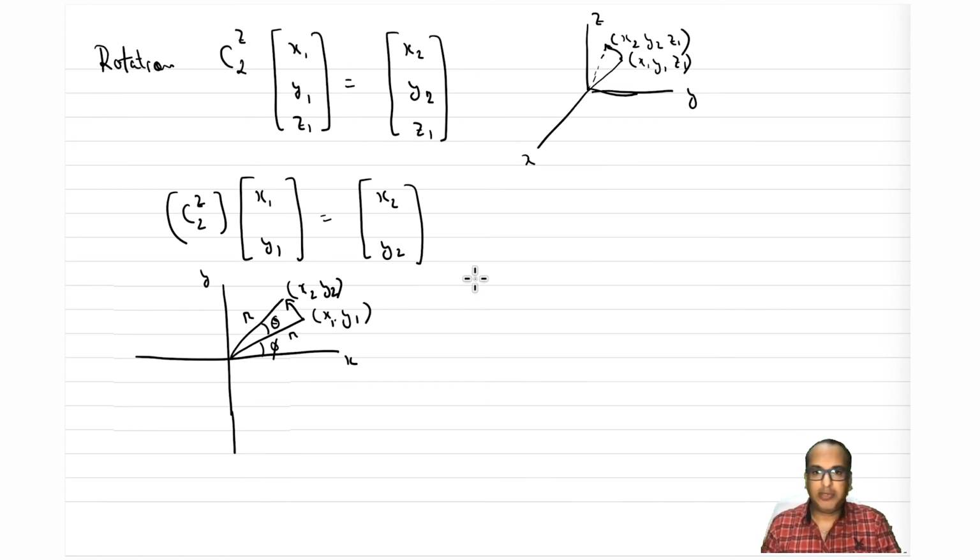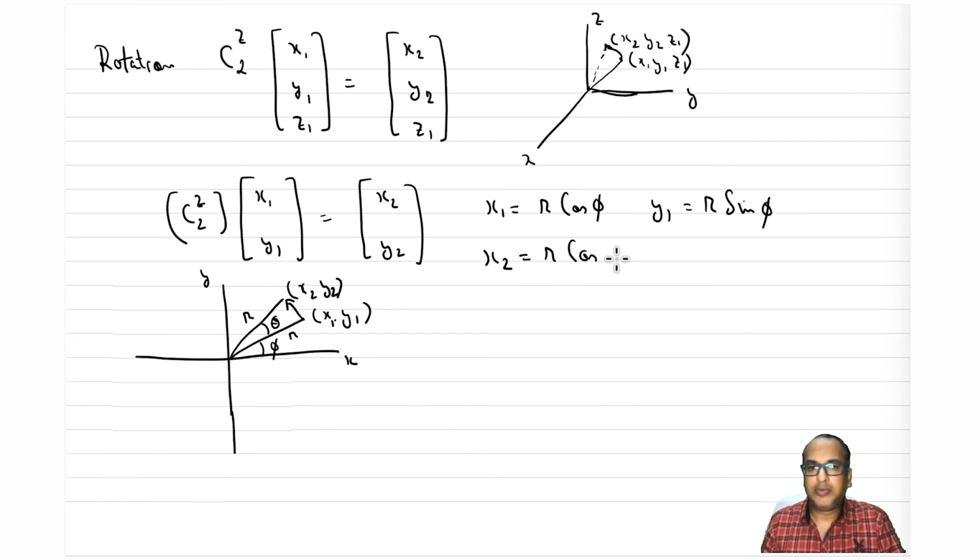So let's see, x1 can be written as r cos phi and y1 can be written as r sine phi, right? This is the basic trigonometry. Now x2 will be equal to r cos (theta plus phi), right?